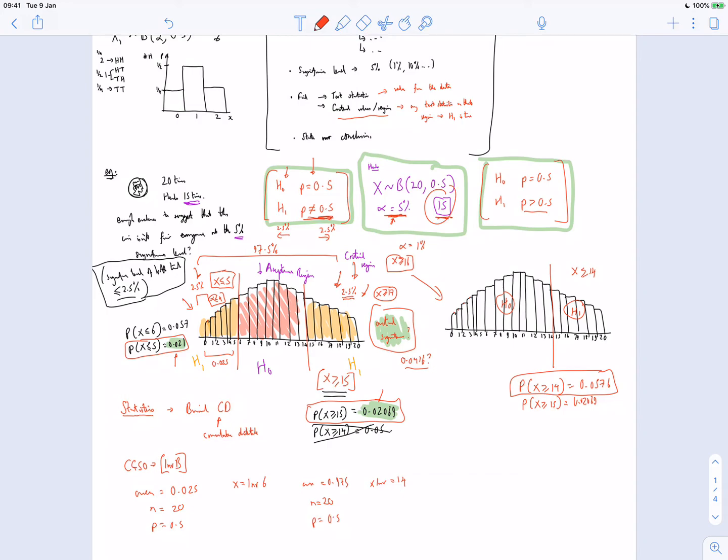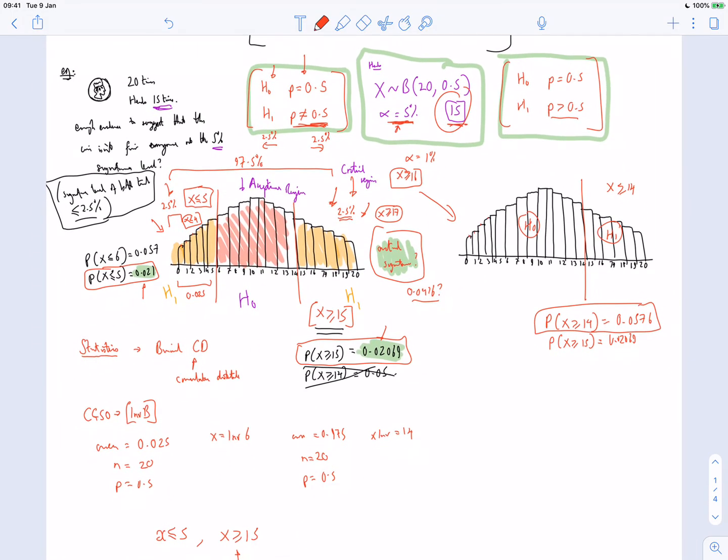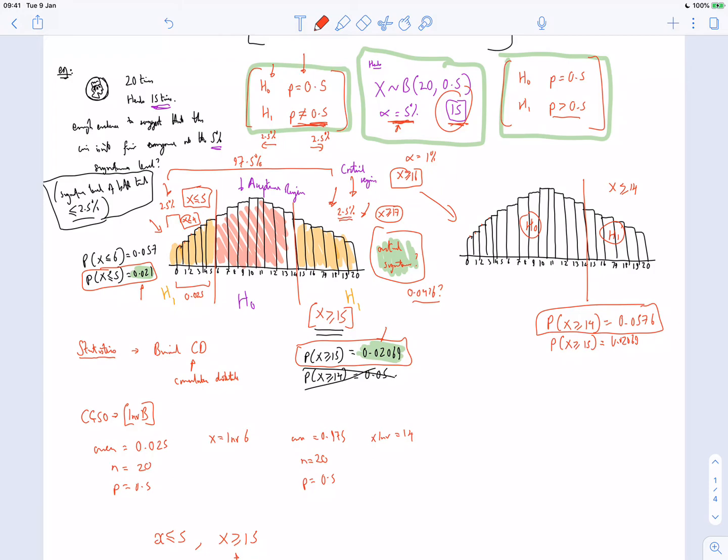So if you want to know where certain percentage points lie on the cumulative distribution, you're going to have to use the list function and list out a few things just by guessing what the distribution is like. And you can do that by thinking about the shape of the distribution. If p is 0.5, the distribution is fairly symmetric.